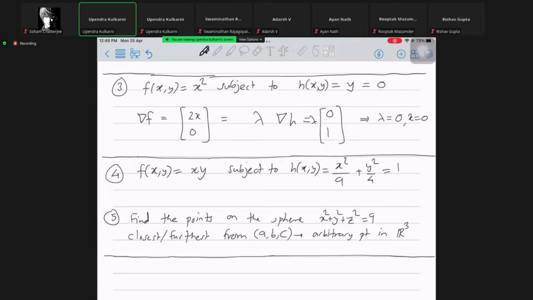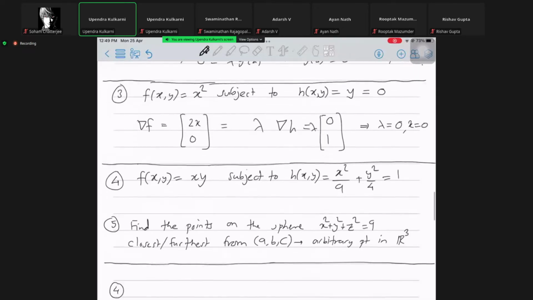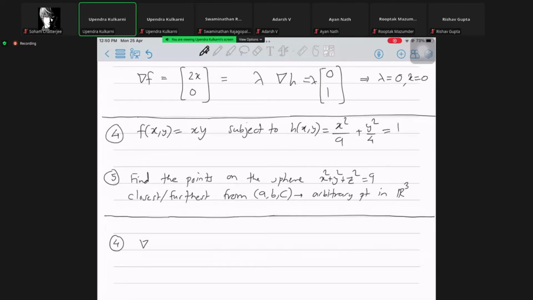But okay, so here is the thing. Let's just do this. So what happens with number 4? We'll follow the exact same recipe, delta f. Anyone, can you just read this out? (y, x).